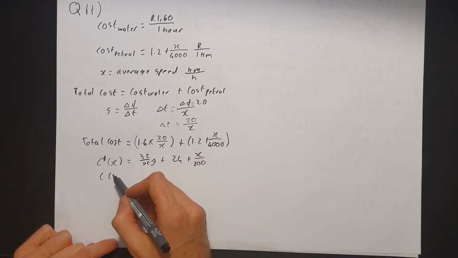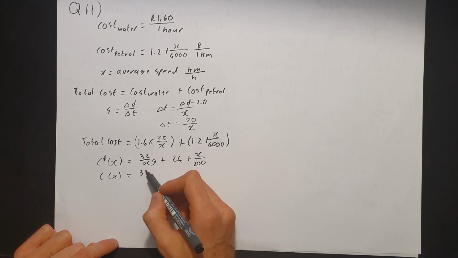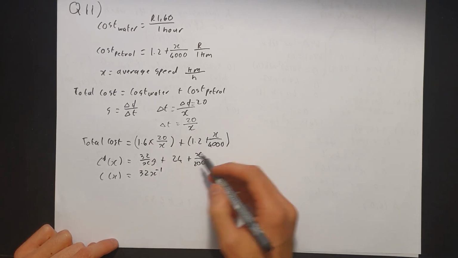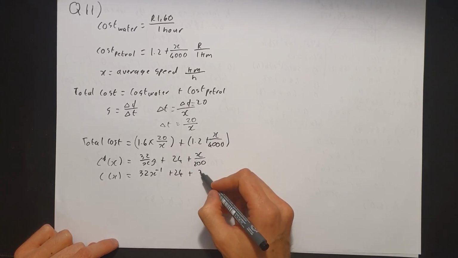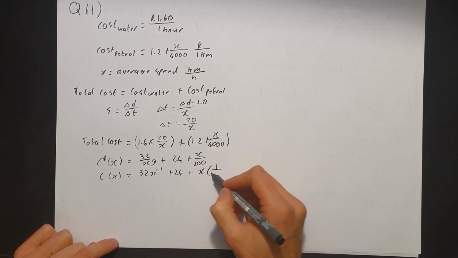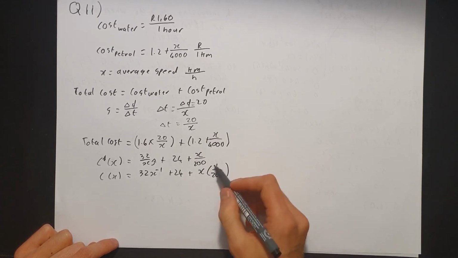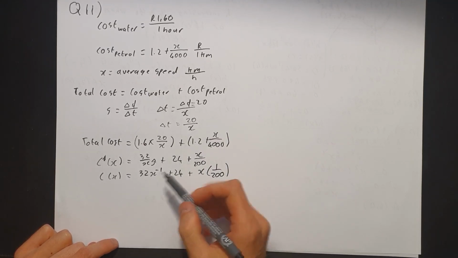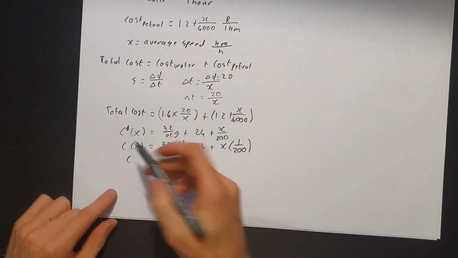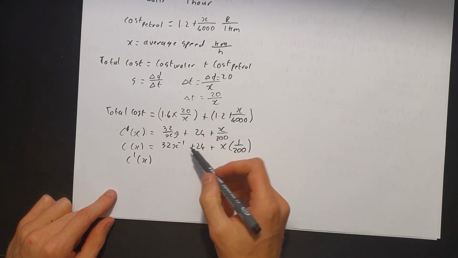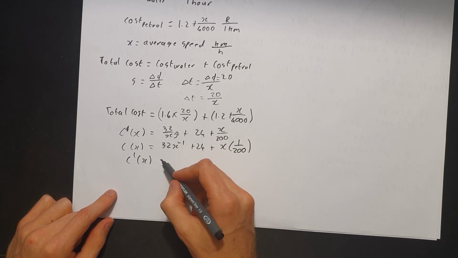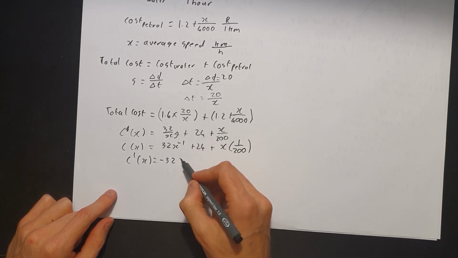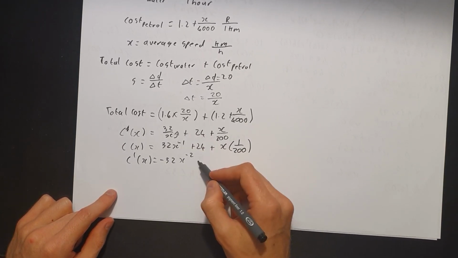So we're going to have C of x equals 32 x to the negative 1 plus 24, and then plus x times 1 over 200. That's just a constant. So now if we take the derivative of that, we're going to get the following. We're going to take this negative 1 multiplied by the 32 and then minus 1, so that's minus 32 x to the negative 2.